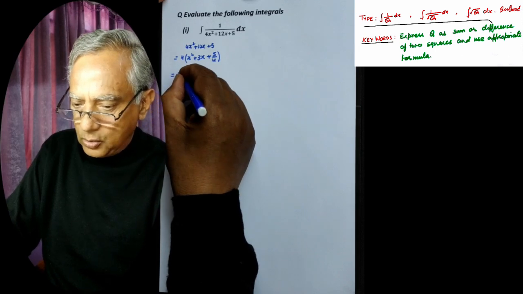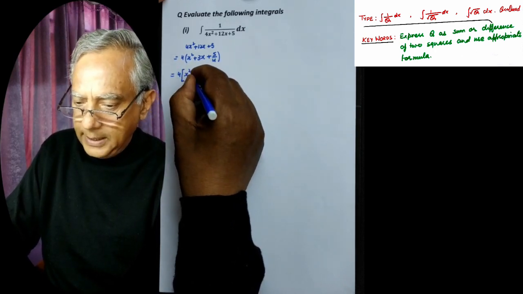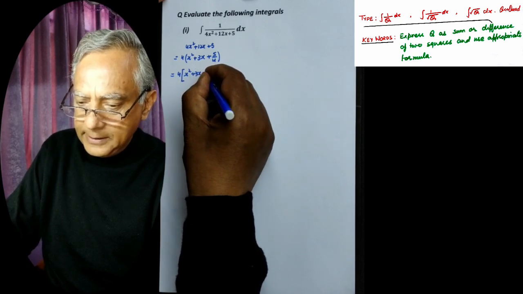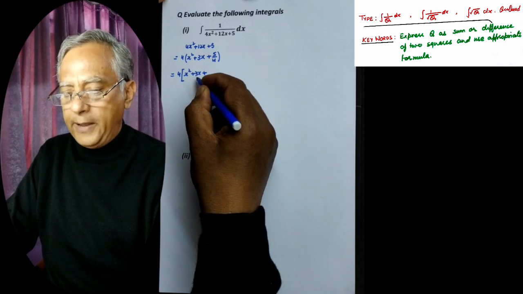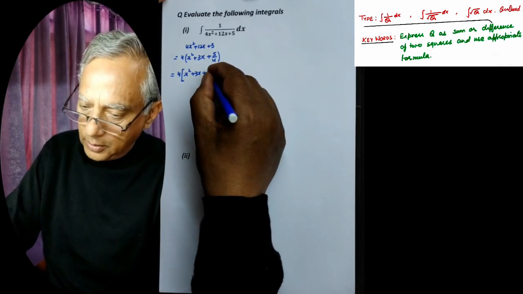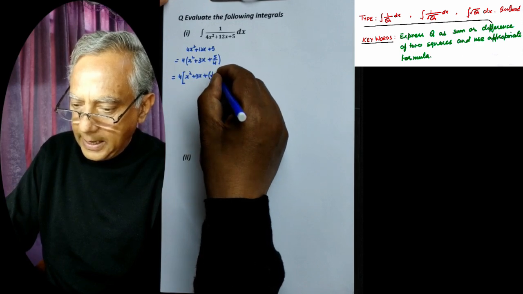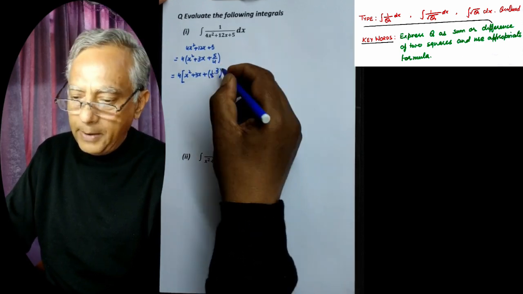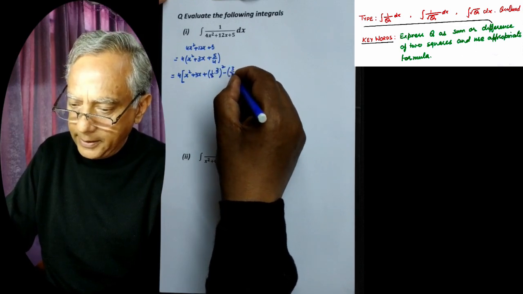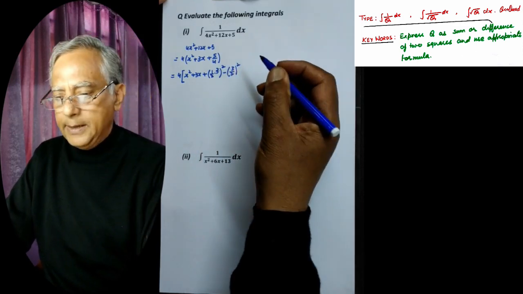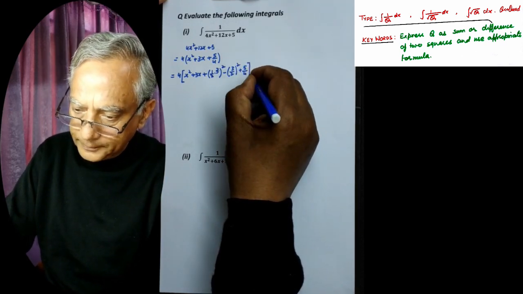So this is equal to 4 into x square plus 3x plus, add and subtract half the coefficient of x, whole square. Half the coefficient of x is 3 by 2. 3 by 2 whole square will be added and 3 by 2 whole square will be subtracted, plus 5 by 4.